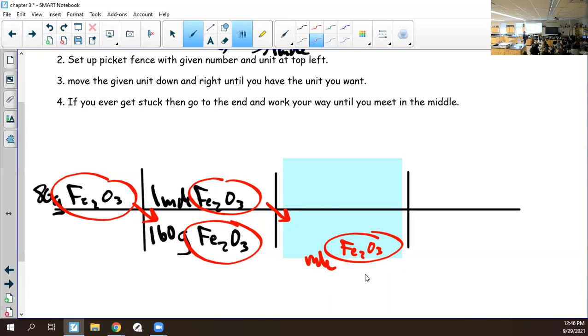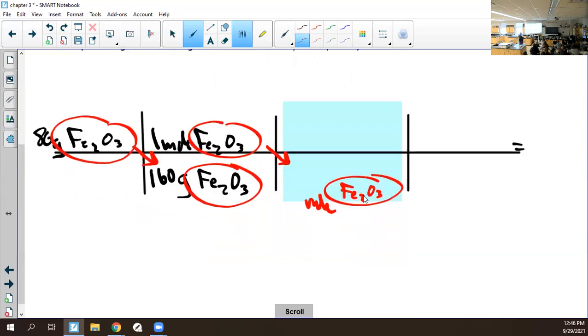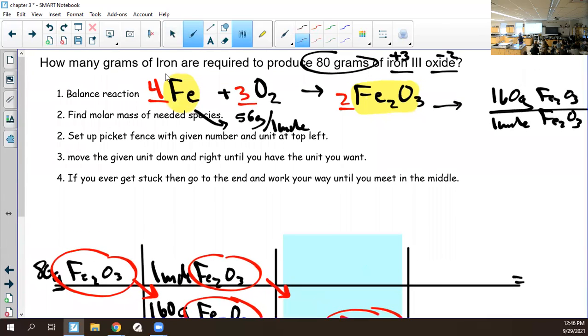Okay. Then I have my ratio of coefficients. I'm going to go to the end and work my way back. I want to know grams of iron. That's what I'm trying to solve for here. Grams of Fe. So what must be right here? Grams of Fe. Because the unit at the end will always be the same as the unit at the end.